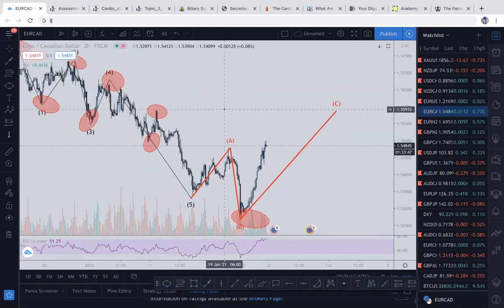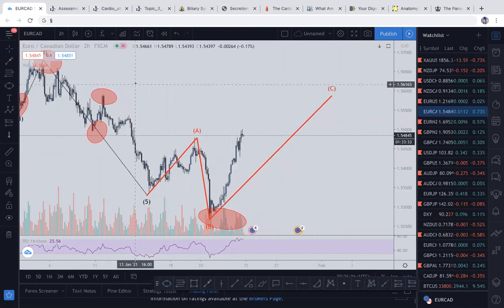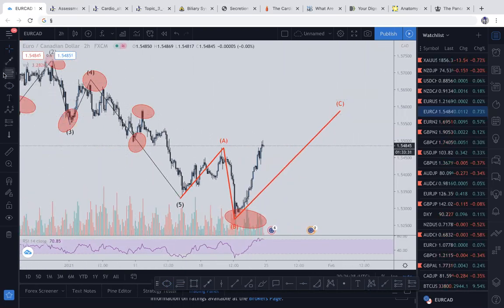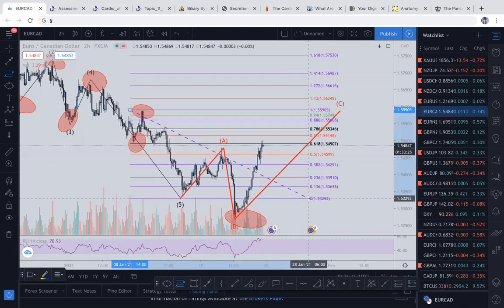Now we're going to pull our fibs and see how it matches up with the structure we're looking for in order to determine where C is likely to reverse from. So all I did was pull my fib from the most recent clear area that I had, which is here to there.